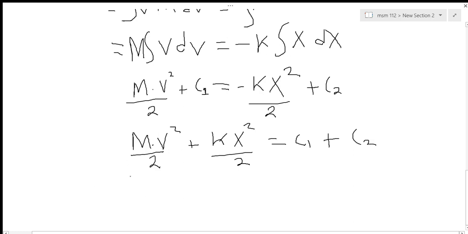So writing this equation will look like this: half mv squared plus half kx squared is equal to C1 plus C2.